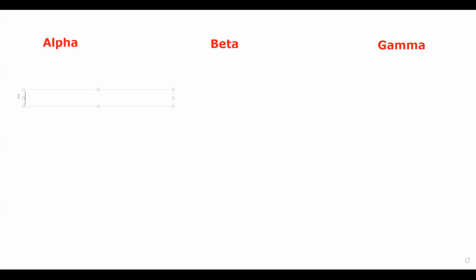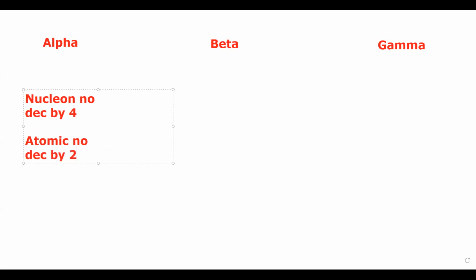The nucleon number A decreases by 4, and the atomic number, or the proton number, decreases by 2.